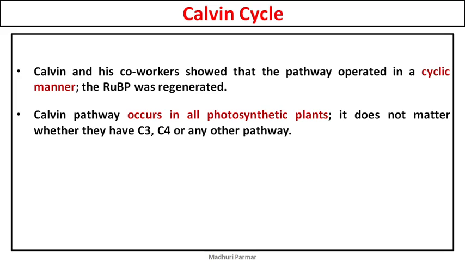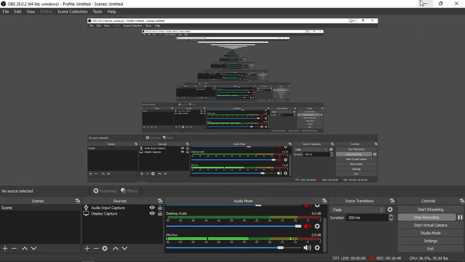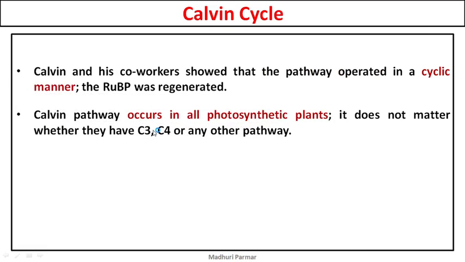So the Calvin pathway occurs in all photosynthetic plants. It does not matter whether they have C3, C4 or any other pathway. This is an important point to remember. The Calvin cycle is seen in all the different plants, whether it is a C3 plant, C4 plant or any other pathway it is following.